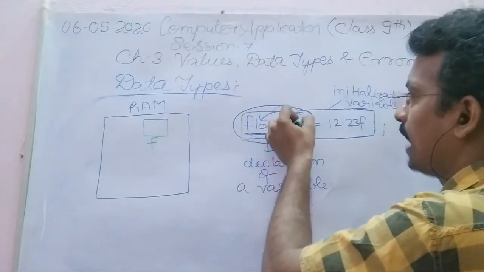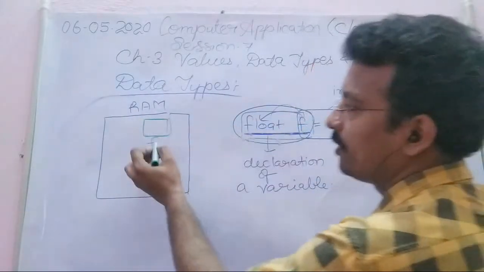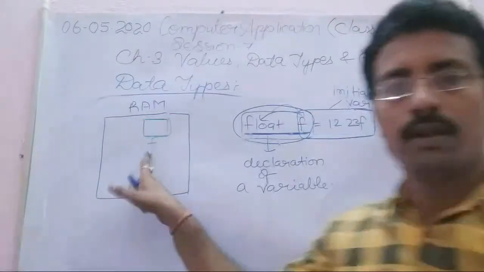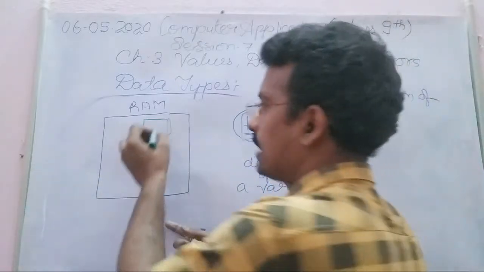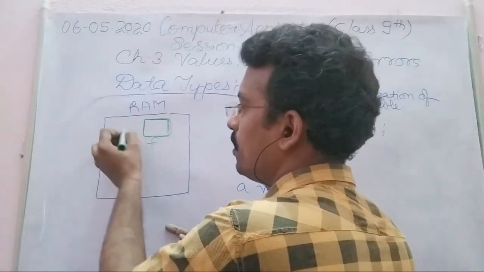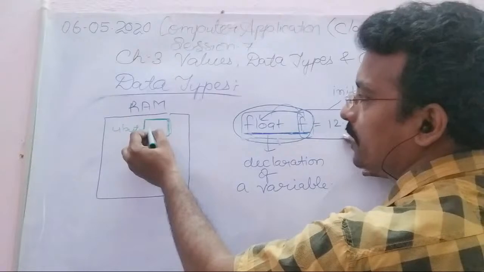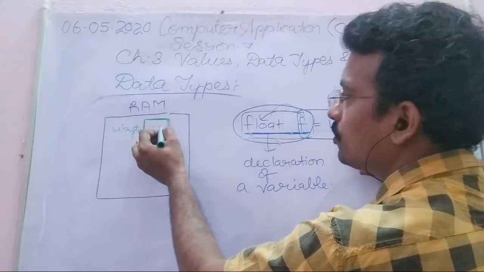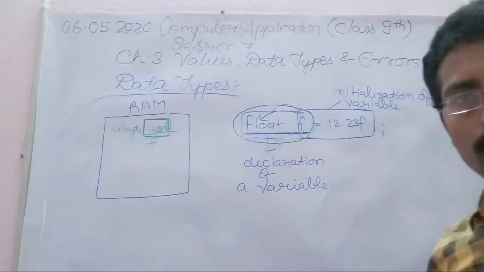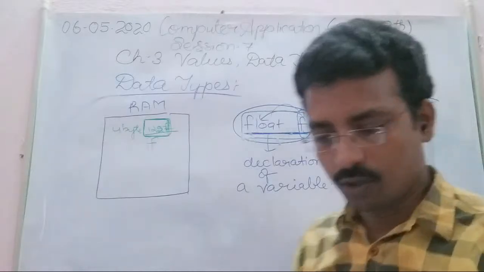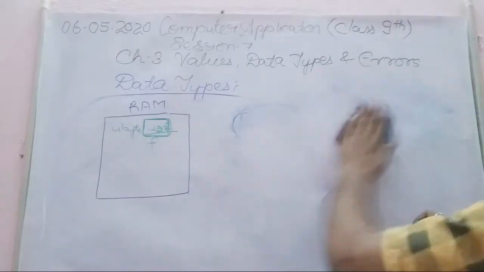So helper is f. Now float says this is the memory area created, and what is the name of the memory area? F. And f now will use this float property as this memory area will be of 4 bytes and will contain this fractional value 12.23f here. Is it okay? Don't worry, I'm not going to end up here. I will explain with some more examples.